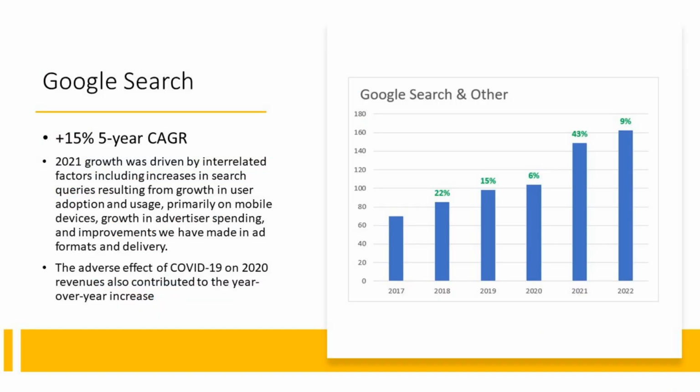Now, when we look at Google Search, the 58% of their revenues, we see a 5-year compound annual growth rate of about 15%. And when you look at 2021, you see that big jump there, 43%. The company explains that away by saying it's driven by interrelated factors, including increases in search queries resulting from growth in user adoption and usage, primarily on mobile, growth in advertiser spending, and improvements they made in ad formats and delivery.